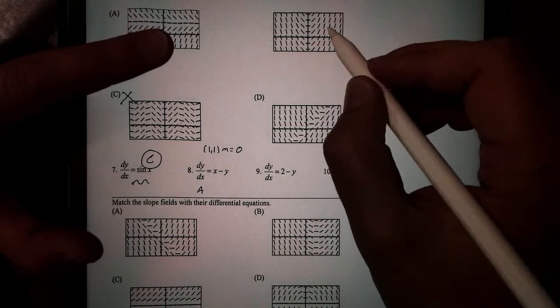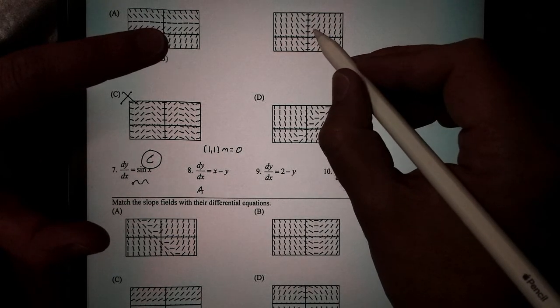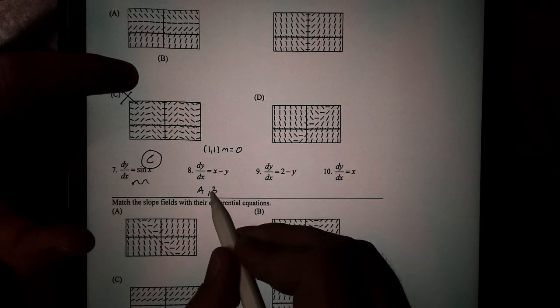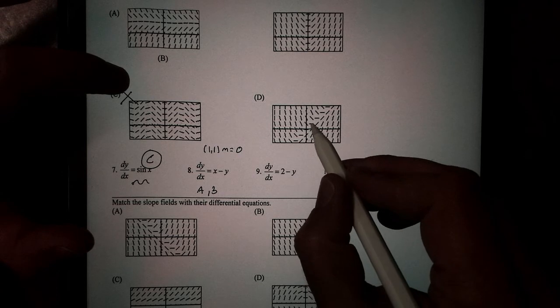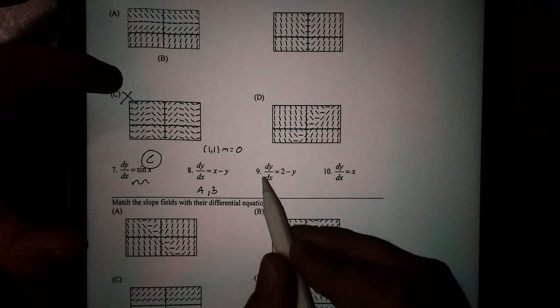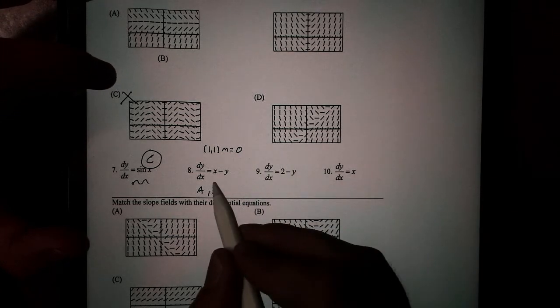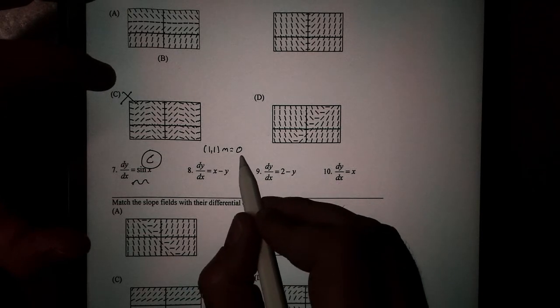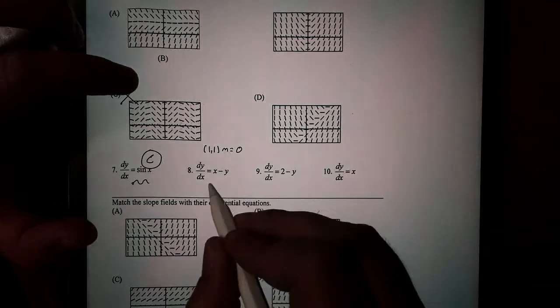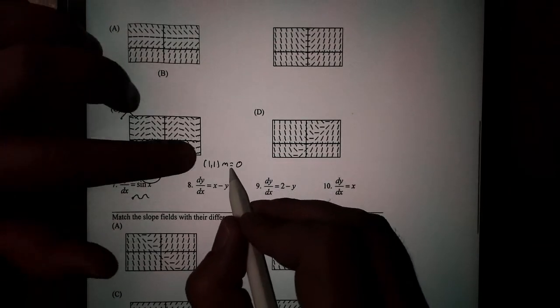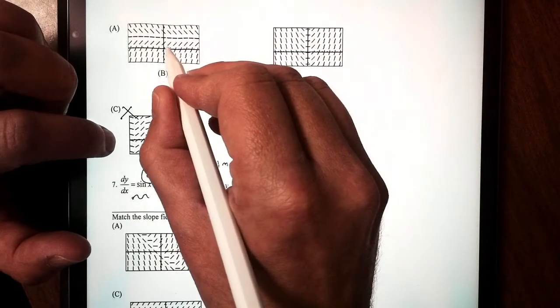If I go over here, (1, 1), B looks like it could be a possibility. And if I go to D, (1, 1), oh, sorry, they're not possibilities. The slope has to be 0, not 1. That's so silly of me. Sorry about that. So A can't be a possibility. If I want the slope to be 0 at (1, 1), this cannot work.